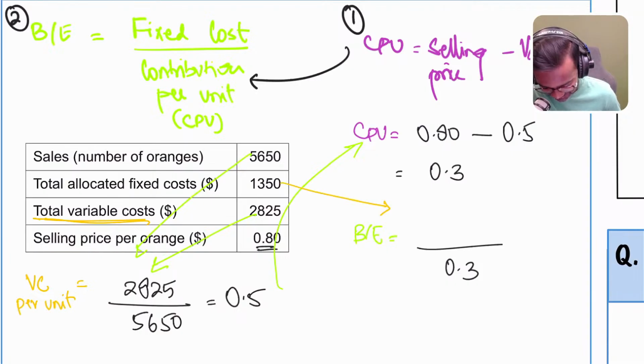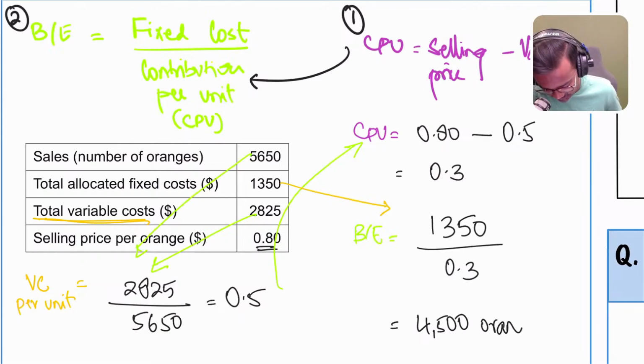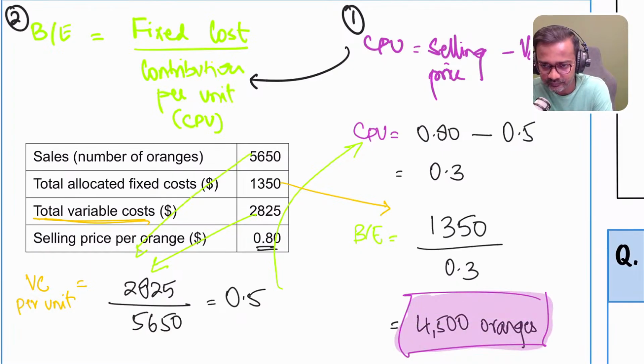Sorry, too many arrows, I understand, but this should become your formula, and this tells us that 1350 divided by 0.3 means that they need to sell 4,500 oranges just to break even in July. Okay, let this sink in and tell me if there's a question.